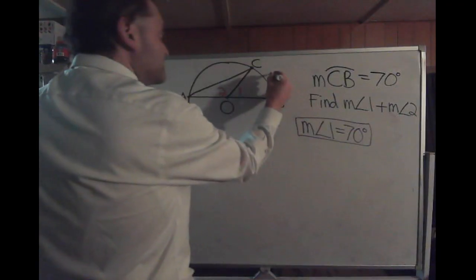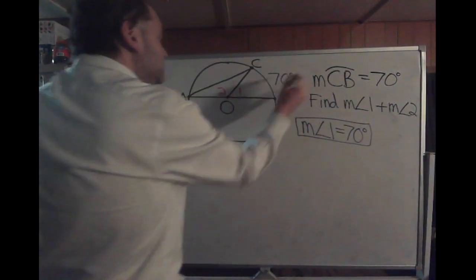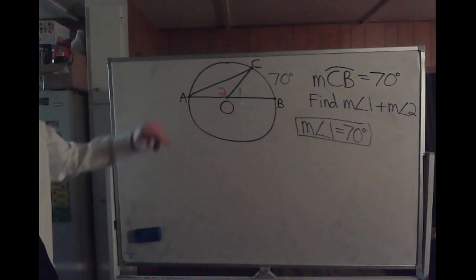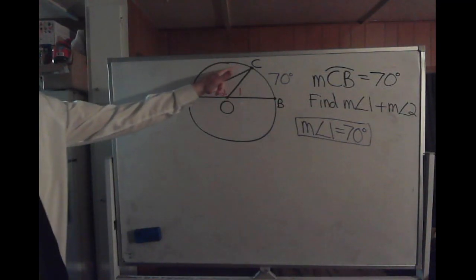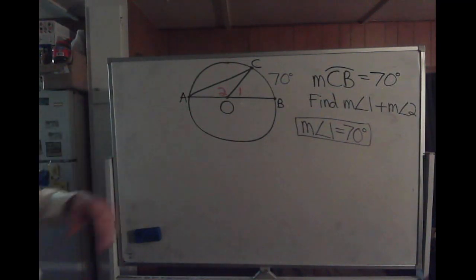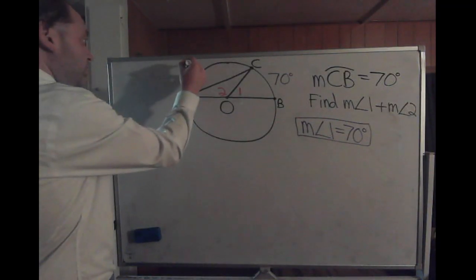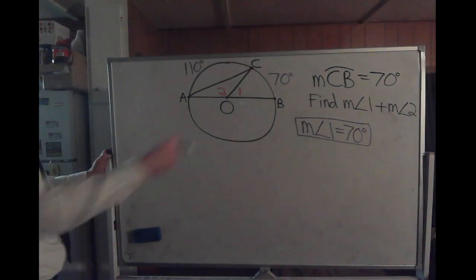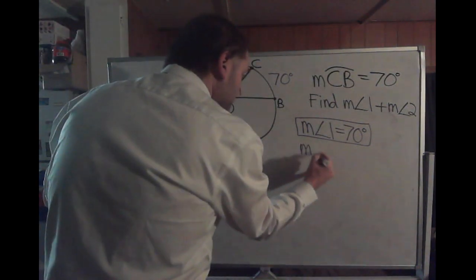And let me write that this arc is 70 degrees because this is also inside of a semicircle, which means that the remaining arc AC or CA, however you want to call it, would just be 180 minus 70. That arc would end up being 110 degrees. Which would mean that central angle 2 would have to also be 110 degrees.